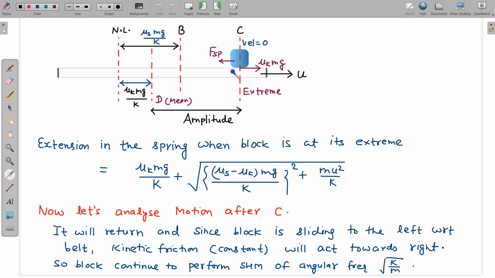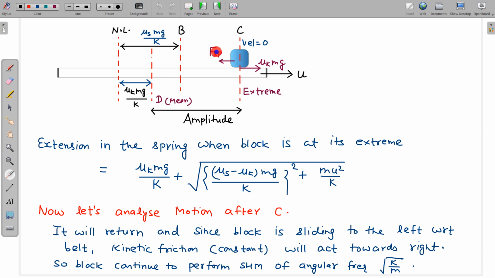So again it will perform SHM, because this is a variable force and this is a constant force, so it will continue to perform the same SHM which it was performing from B to C. The same SHM means the same angular frequency, under root k by m, so it will go in this direction until it reaches this point.